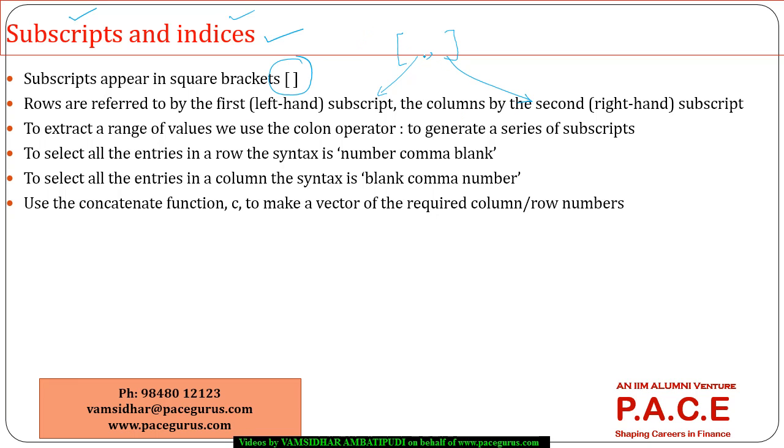So if I say 3 comma 5, it means you are getting the third row, fifth column value. That is it. In case I want to get a range of values, I can use the colon operator. So I can say rows 1 to 3, comma 5.